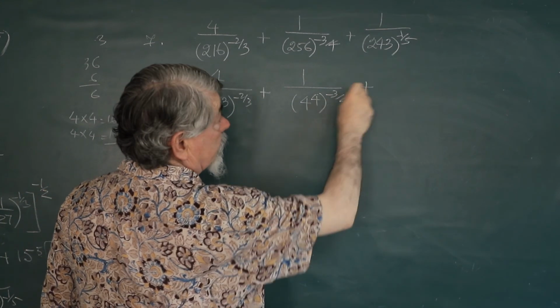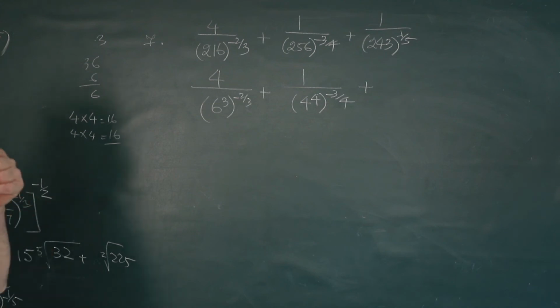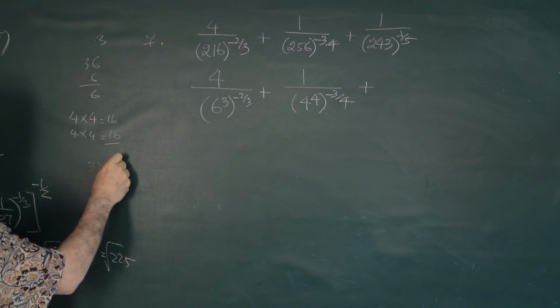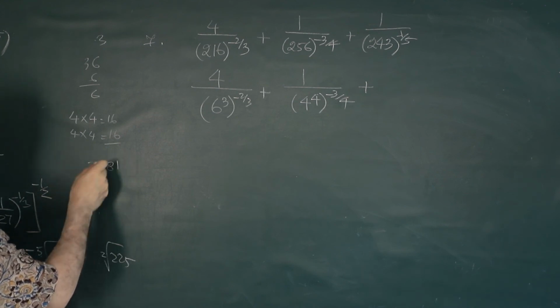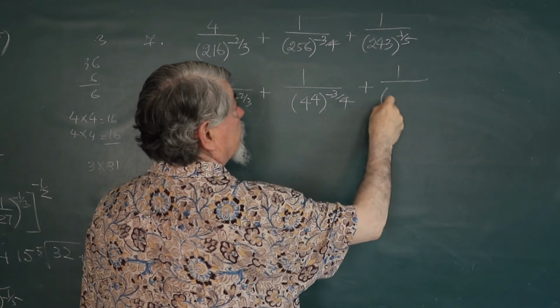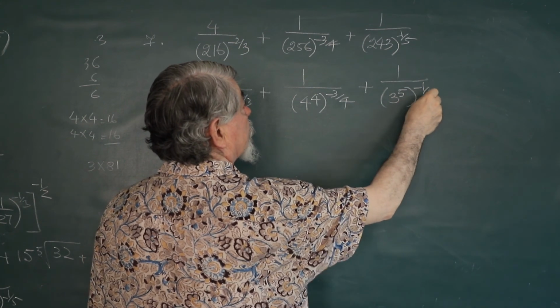Plus 243. 243 is 3 to the power 5, to the power minus 1 upon 5.